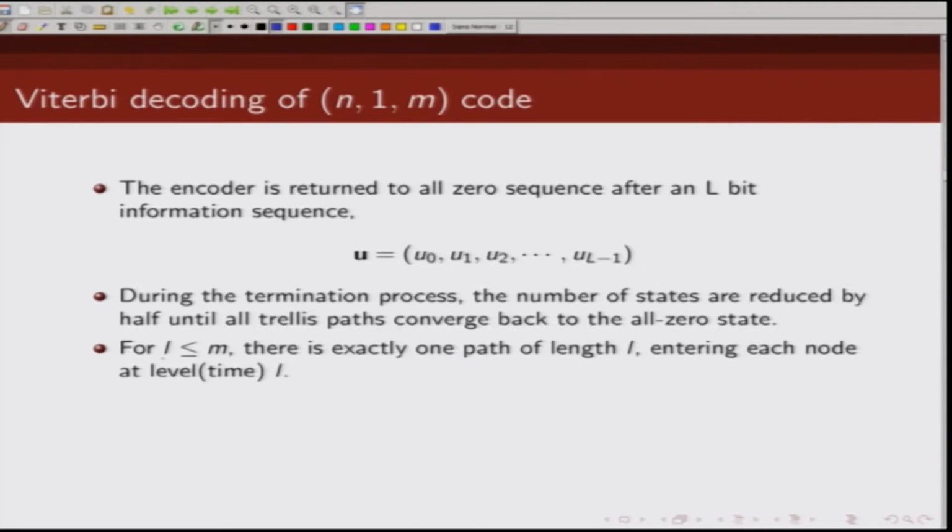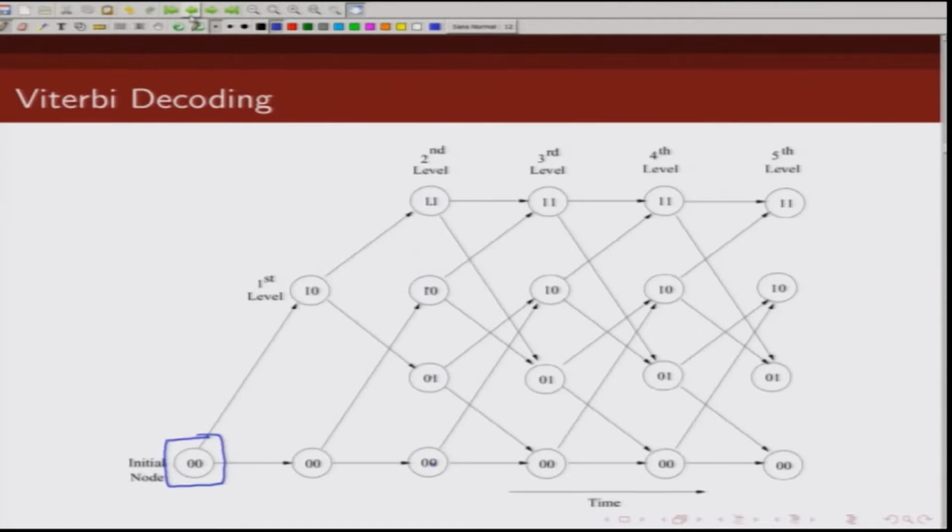As we said, for time less than memory order, there is only one path of length L entering each state, each node. Going back to this diagram, let us say I want to reach 1 1 from 0 0, there is only one path. I want to reach here, there is only one path. I want to reach this state, there is only one path.